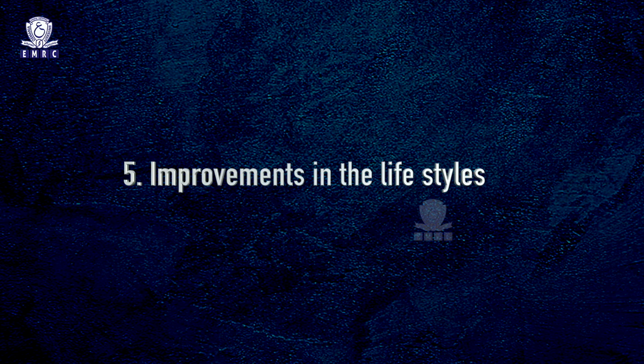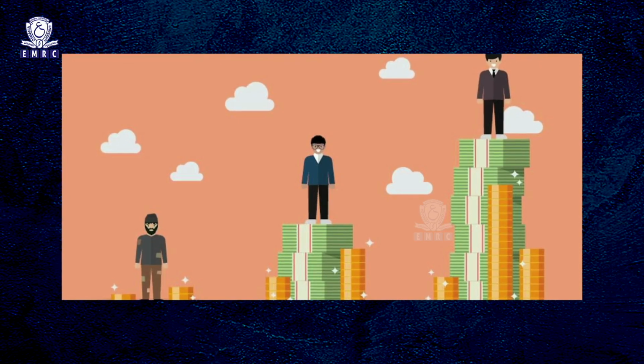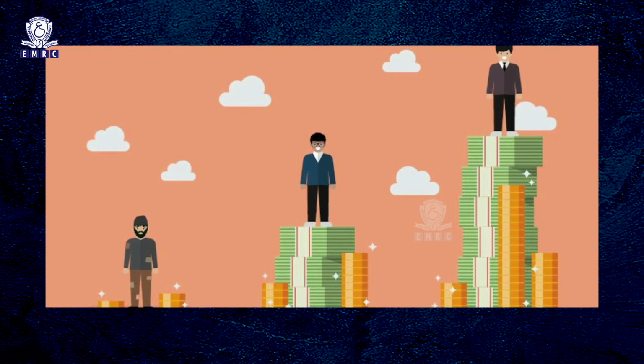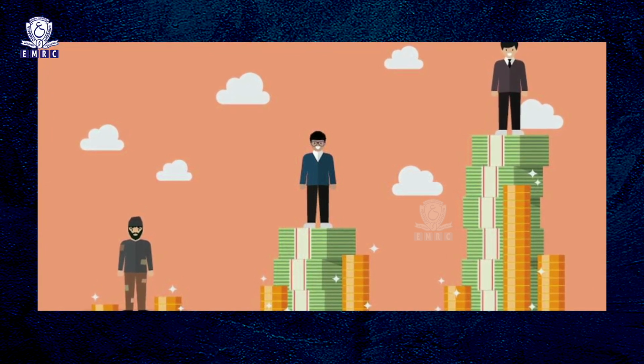The fifth aspect is improvements in lifestyles. A person who gets into an occupation or profession as per his capacities and expectations is likely to be more satisfied with it. For the very same reason, he may work sincerely, put in more efforts and earn good income also. This higher income or economic reward helps him to improve his lifestyle.